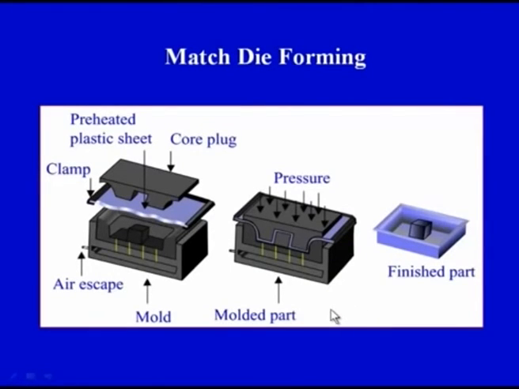So if you see, the stages are common, only the method and mechanism of applying the pressure is different in the three variants that we have considered, that is the vacuum forming, the pressure forming and the matched die forming.